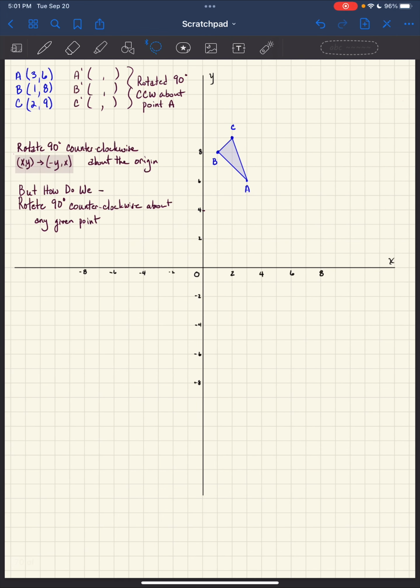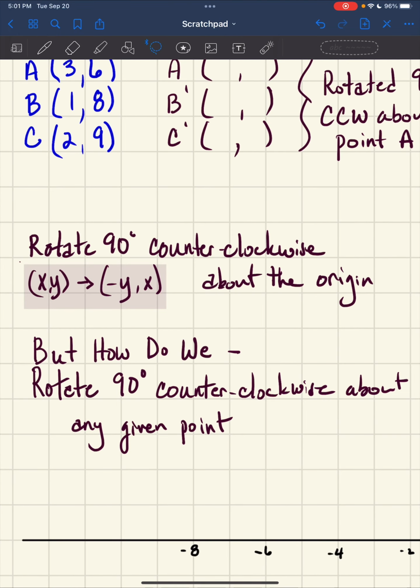So we know that if we rotate 90 degrees counterclockwise about the origin, we take the x and the y, we flip them, and we change the sign of the y, so that we have (negative y, x). And that rotates a point 90 degrees counterclockwise about the origin.